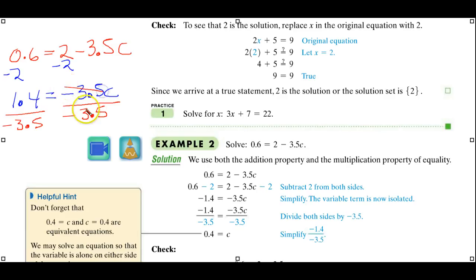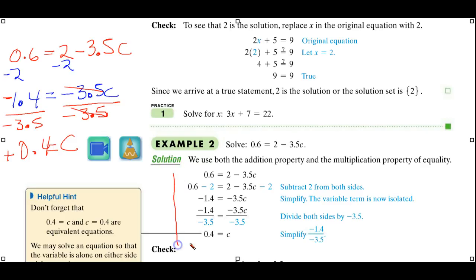So here these cancel out, and negative divided by a negative gives me a positive 1c, which I don't write the 1. And then when I do this division in my calculator, I get 0.4, and I forgot to bring my negative sign here. So this is actually then a positive. And that's why you need to be careful of the signs.